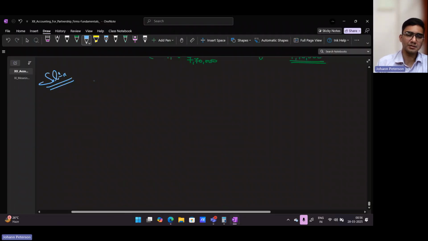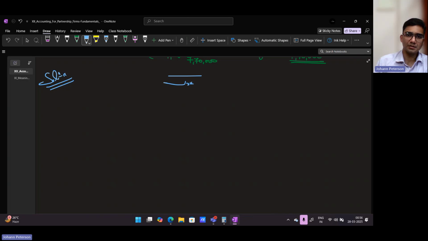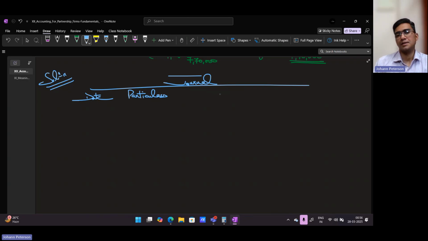A and E are the partners. So again, you will make the format of a journal. Here you will write particulars. Date is also there. Then the ledger folio.